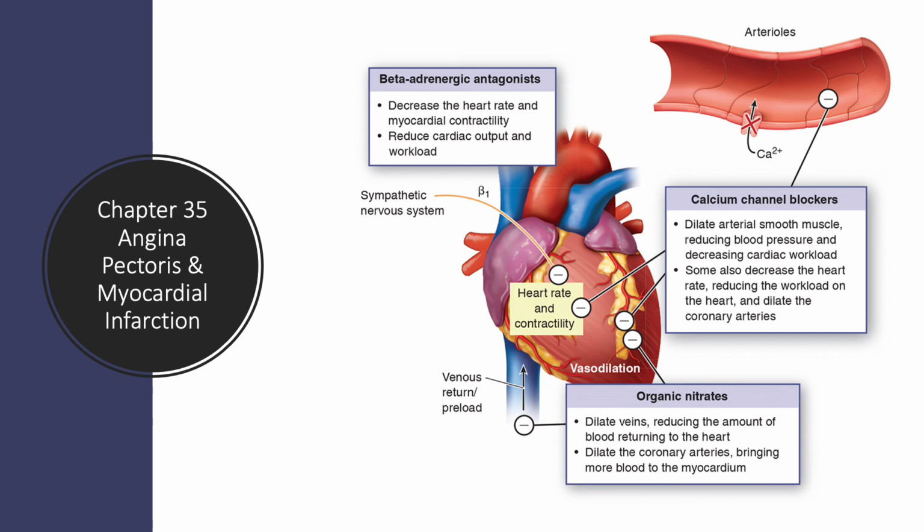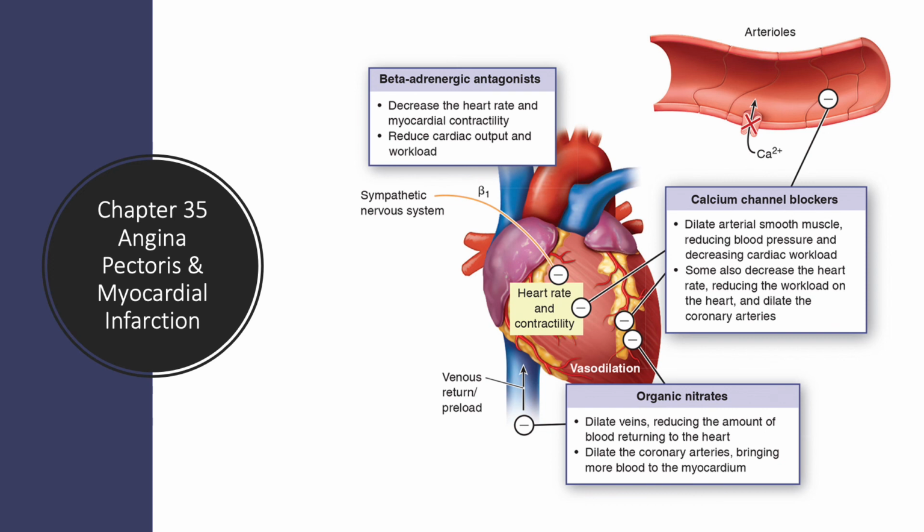And when you reduce preload, the heart isn't having to pump as much blood to the lungs, and also the return of the blood from the lungs to the left side of the heart is reduced, so the left side doesn't have to pump as much blood into the aorta.